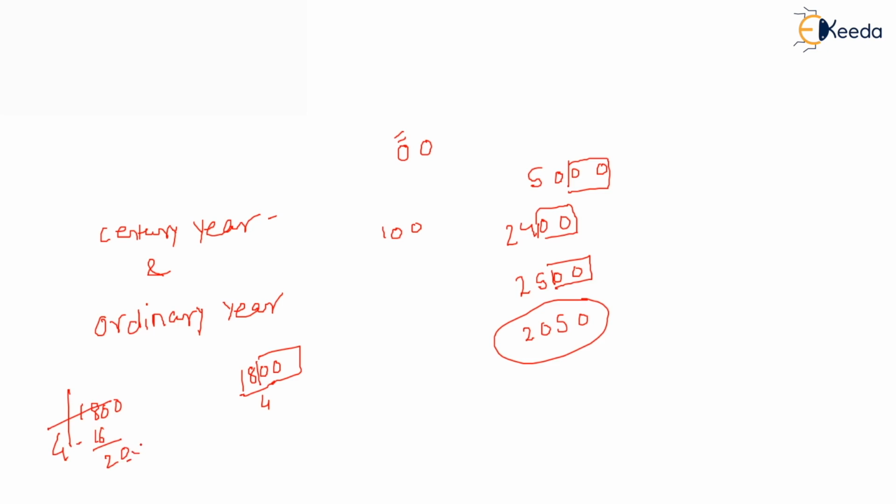It's simply divided, right? So you say it is a leap year, right? But it is not a leap year. In case of century year, whenever there are 00 in the last, you have to divide that number by 400. And if it goes by 400, then only it is a leap year. Otherwise, that year is not a leap year.